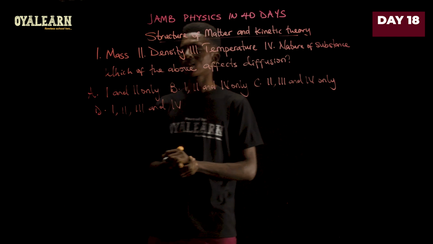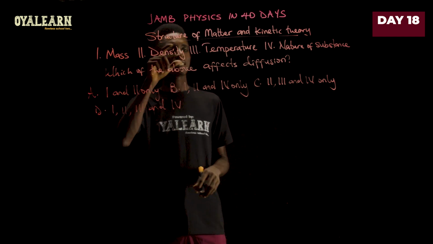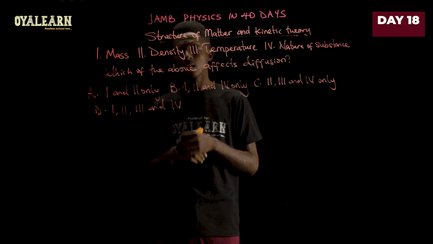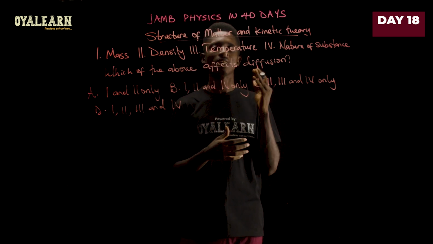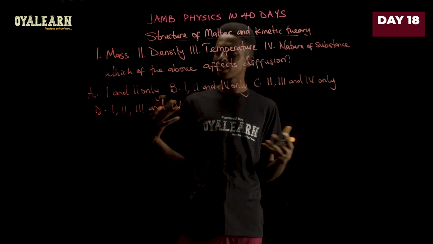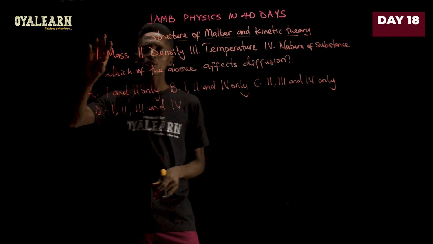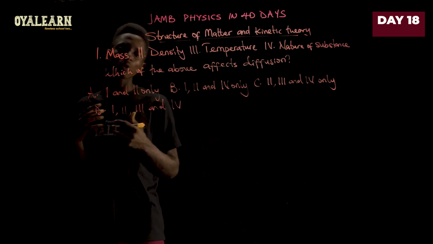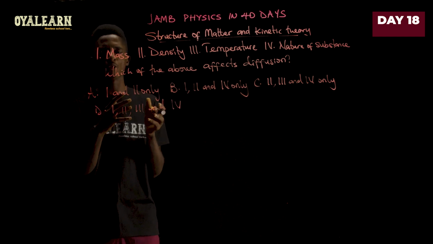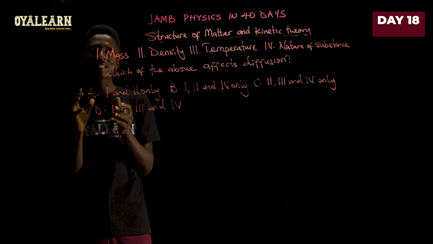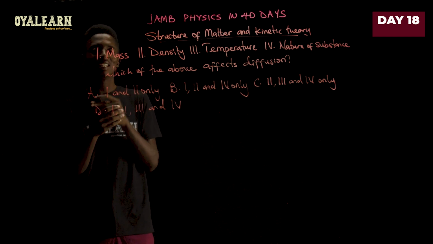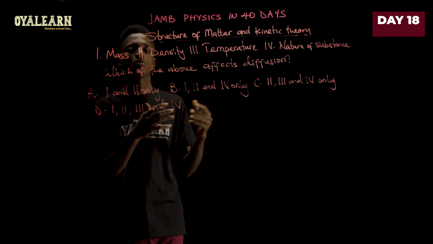This question says from mass, density, temperature, and nature of substance, which of the above affects diffusion? So let's explore. In the case of mass, the heavier a substance is, the less the rate at which it is going to diffuse.